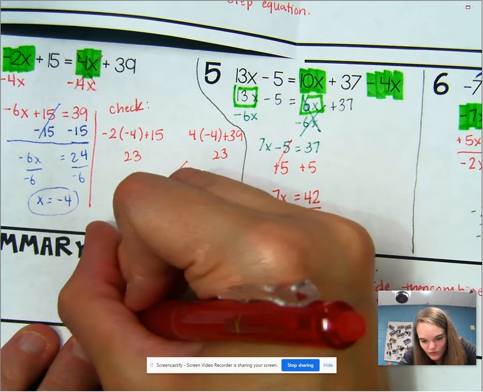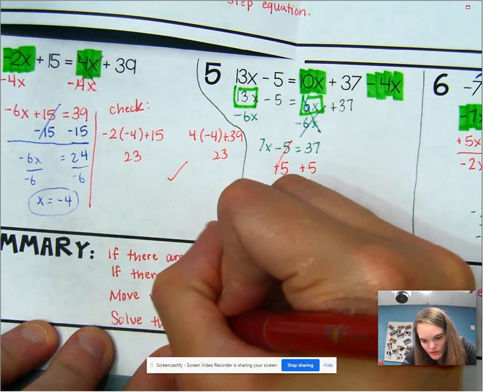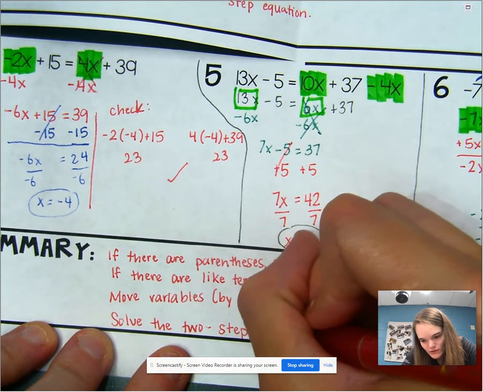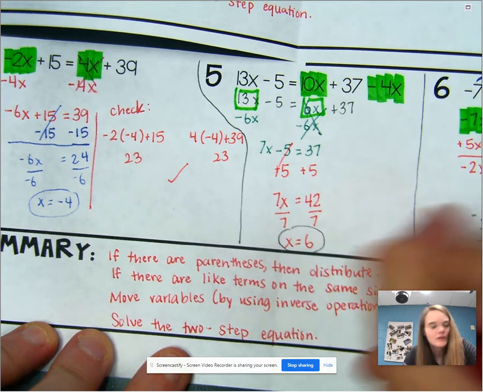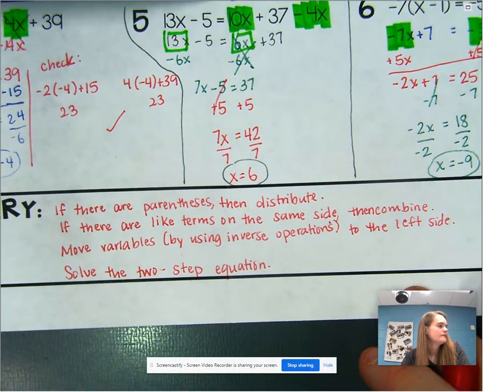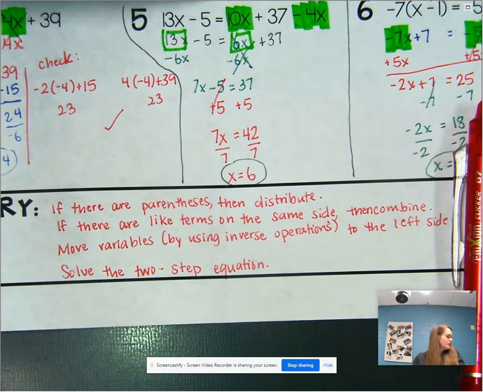And then solve the two-step equation. Make sure you can actually see this. Write that in your summary, as your summary. We're going to glue this in your notebook.